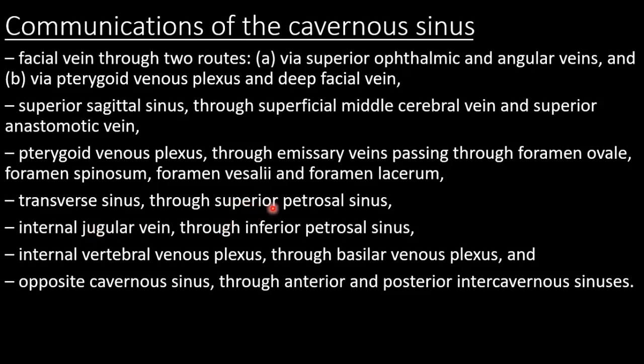But I think these are the drainage from the cavernous sinus. The superior petrosal sinus and the inferior petrosal sinus usually drain the cavernous sinus. They can also communicate with the internal vertebral venous plexus via the basilar venous plexus. Okay, please note this.